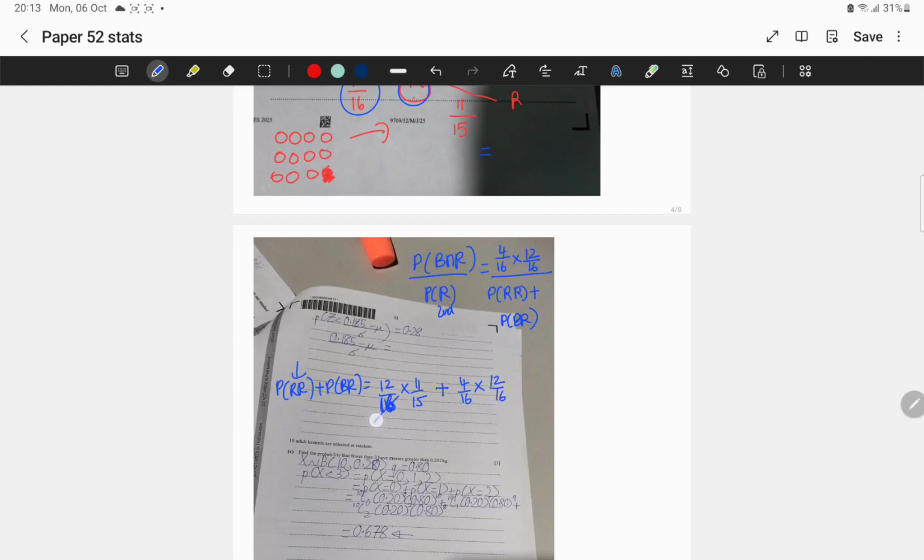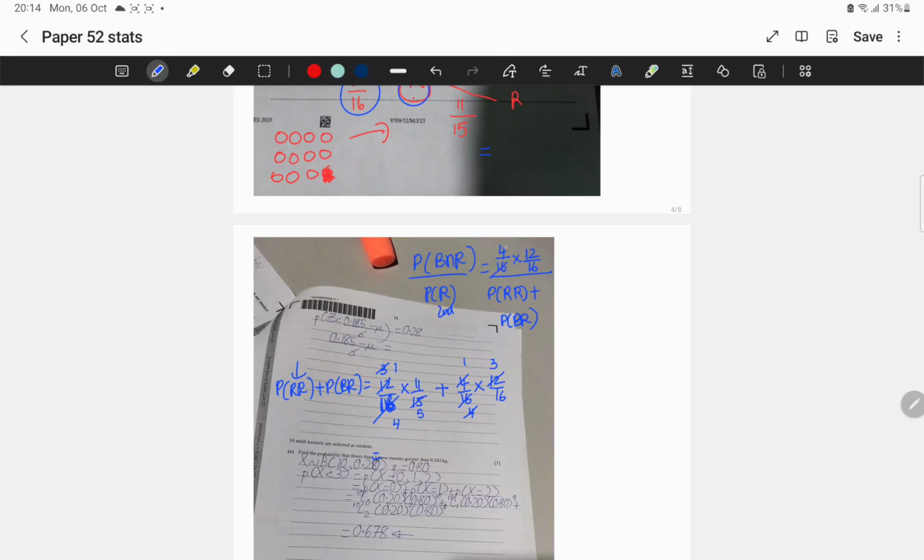You can simplify this. 16 into 12 would be 3 over 4. 3 into 15 would be 1 over 5. This into 12, again 3 over 4. 4 over 4 is 1. You get your calculator to do all of this.